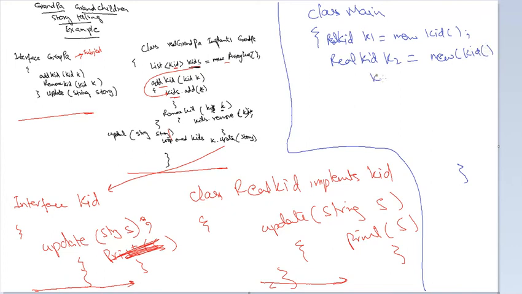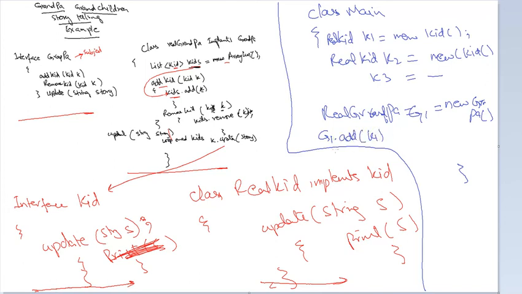We can have in the same way another object k3, and then we will have one object of the real grandpa class, grandpa g1, which is equal to new real grandpa. Okay, now what we will do, this is our subject grandpa, so g1 dot add k1.